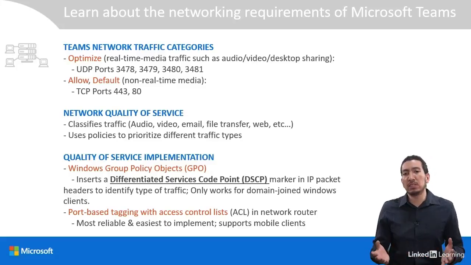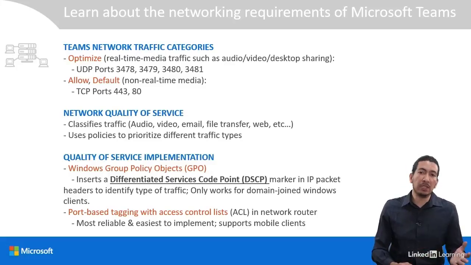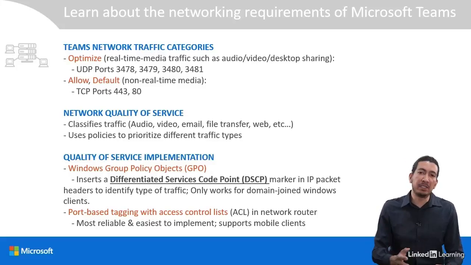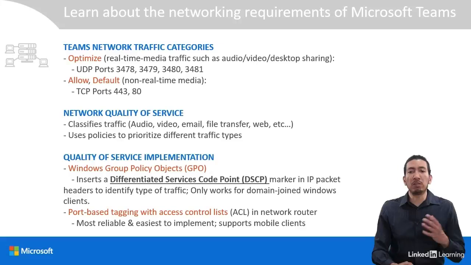The way it works is by inserting a differentiated services code point or DSCP marker in IP packet headers to identify the traffic type. The other method, port-based tagging, is more reliable because it is easier to implement and it works in a mixed environment that can include Mac, Linux, and mobile clients.